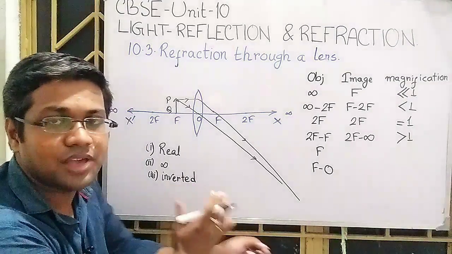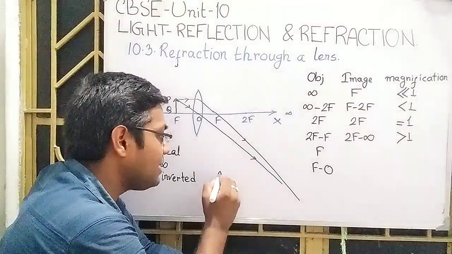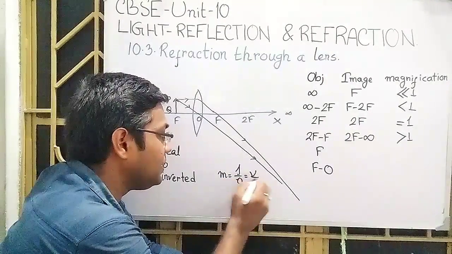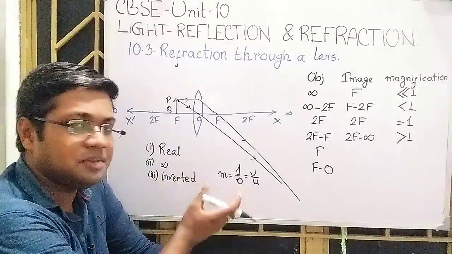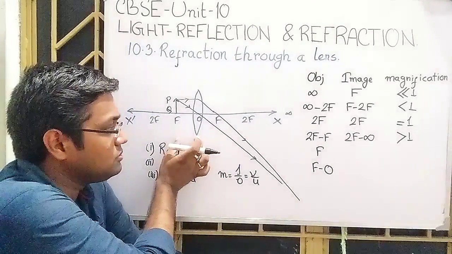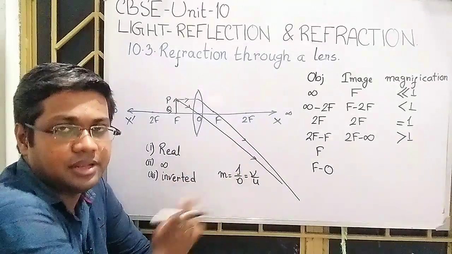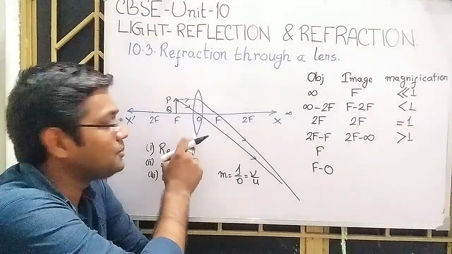Now if I am looking for the magnification, what is magnification? The magnification is m equal to I by O equal to V by U. If I compare the object distance and image distance, this is U and V is large, we cannot draw it in the diagram. V is very large and I is small.